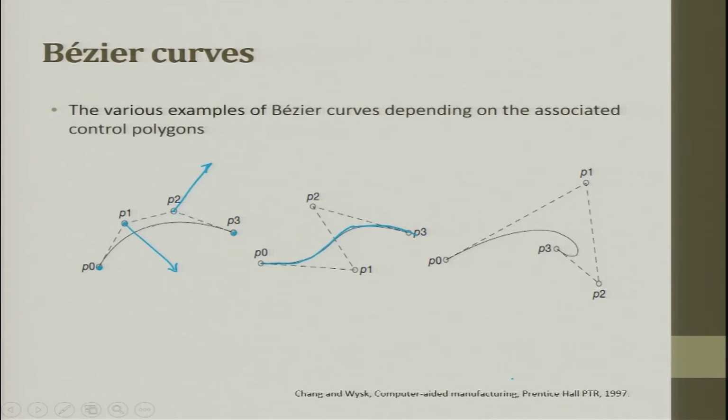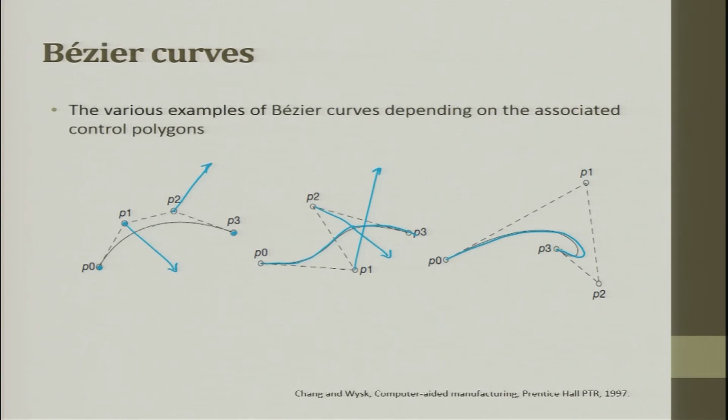I have just changed the control points, but the start point and end point are approximately the same. The next one, I have used the same starting point and ending point, but still moved P1 to this side and P2 somewhere here. So, you see a completely different curve profile coming.